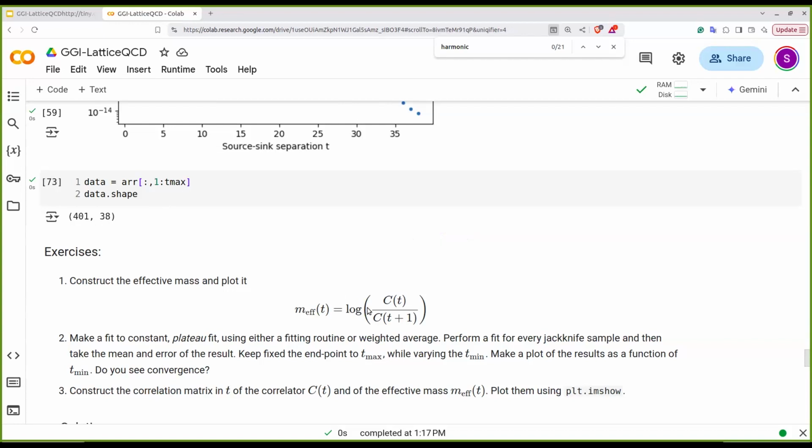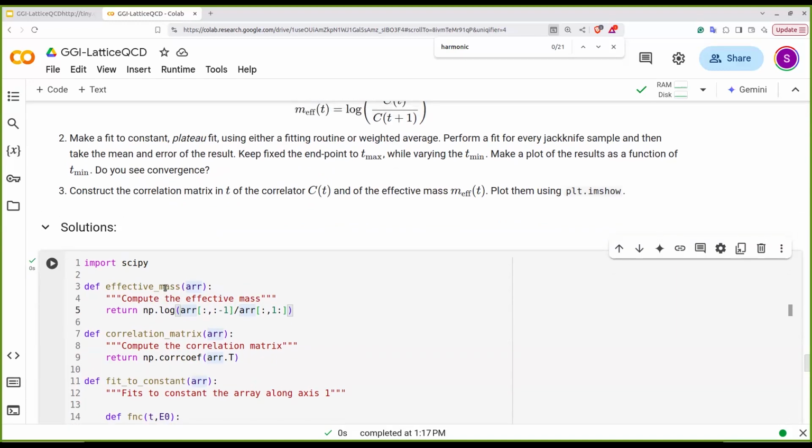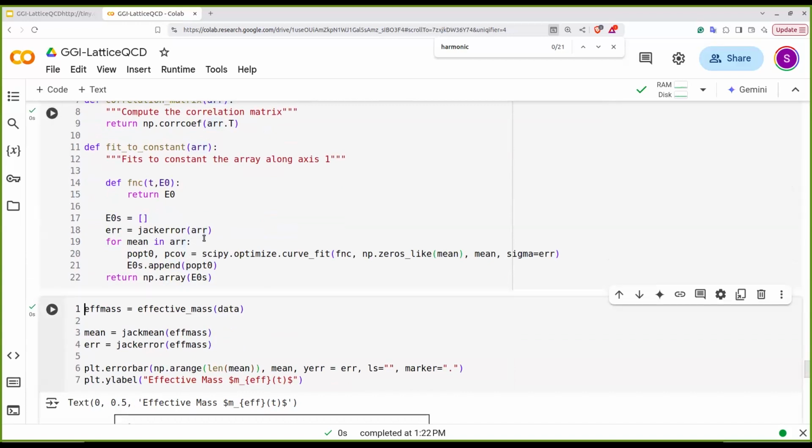So the ratio in time, you want to do it in parallel, broadcast over all the 400 for different times. You don't want to mix the 400, so you divide each of these 400 one by one in this way. Then you take the NP log, and the log is going to give you samples of the effective mass. If we plot them again, let me try to do this.